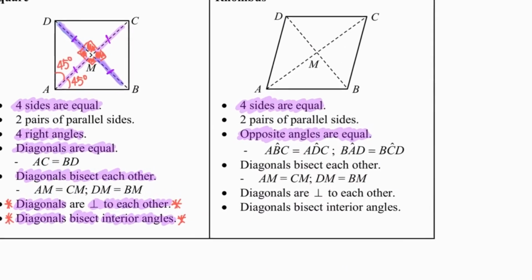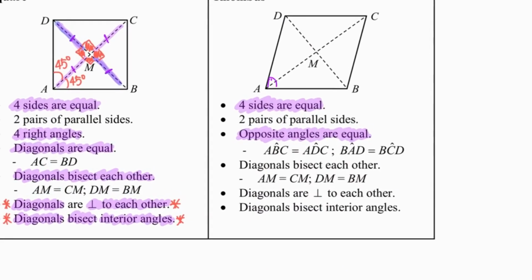The diagonals bisect each other as well, and for rhombus, this one holds true too.